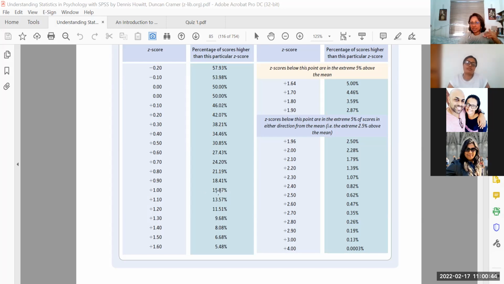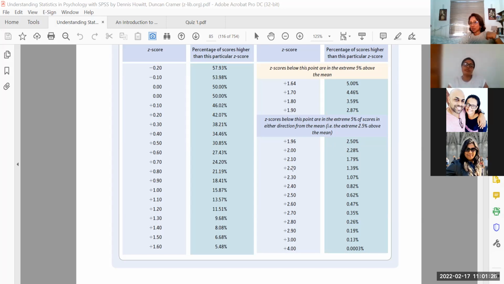When it's more than 1 standard deviation, only 15.87% of the scores are falling beyond that, right? So below that is your 34 point whatever percent. Now, when it comes to 2 standard deviations, it's here. Guess what? If your IQ score is turned into a Z score of plus 2, you're in the top 2.28%.